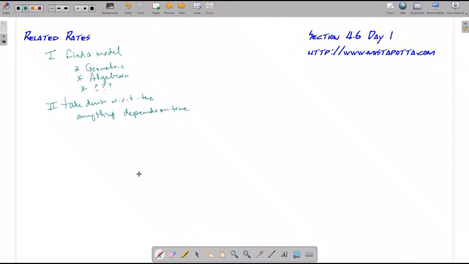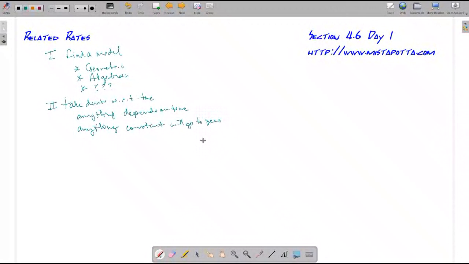But anything that's constant with regards to time, so anything that doesn't relate to time, will go to 0.